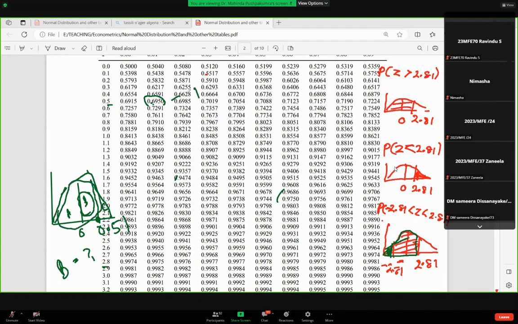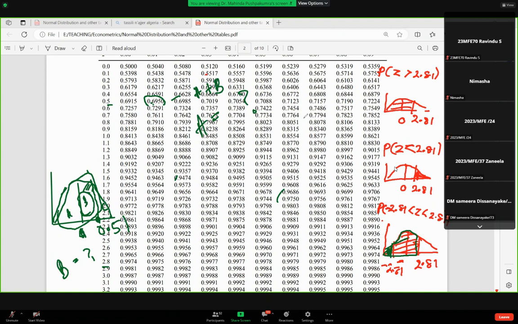That means A plus B. Now you want to find only B. Then what can you say about A? What is the probability of area A? Here the value is 0. Then the probability of area A is 0.5.